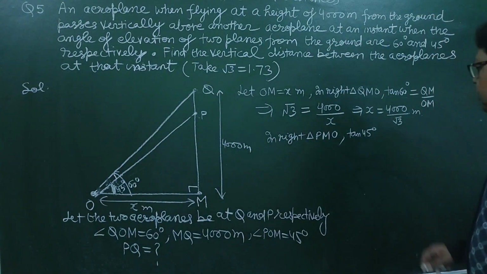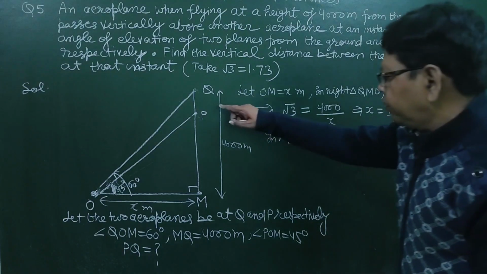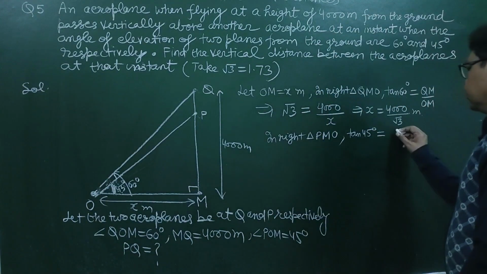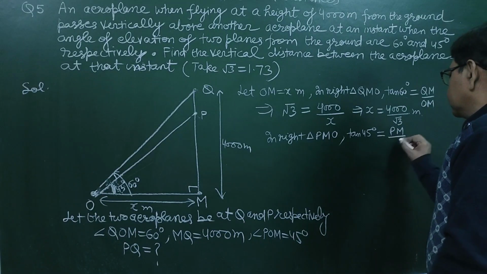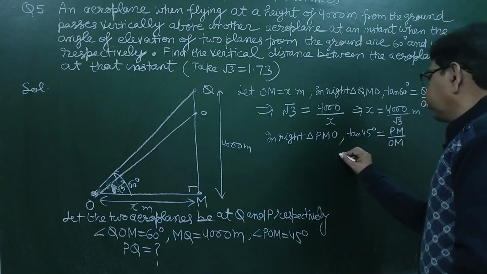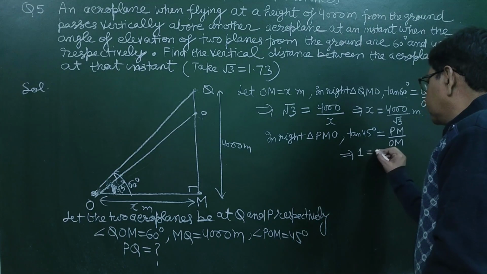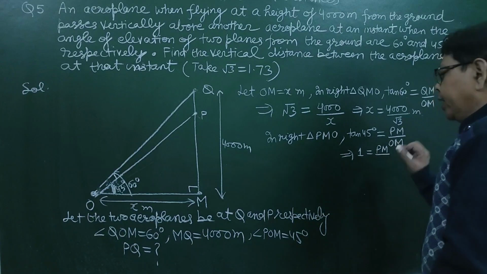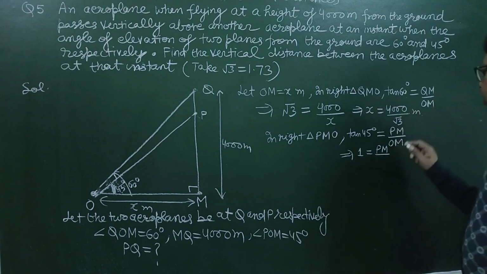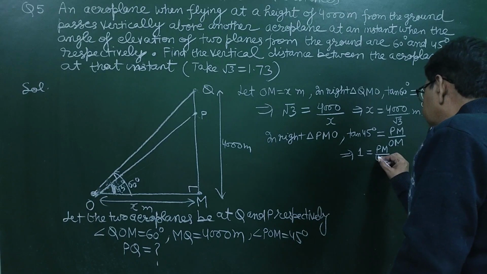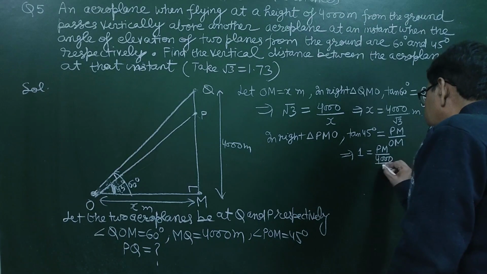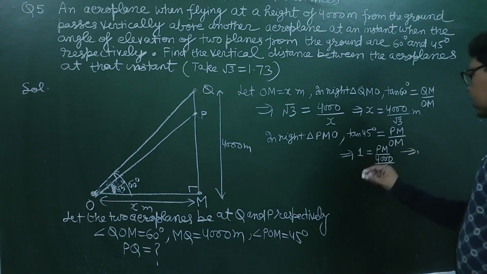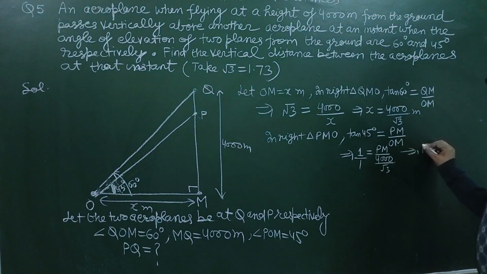Tan 45 is equal to PM upon OM. Tan 45 is 1, equal to PM, which we want to calculate, upon OM, which we have calculated as 4000 upon root 3. So cross multiplying, PM is equal to 4000 upon root 3 meter.